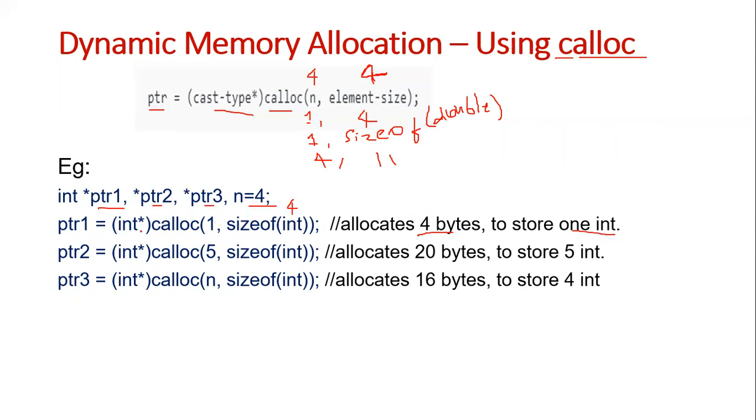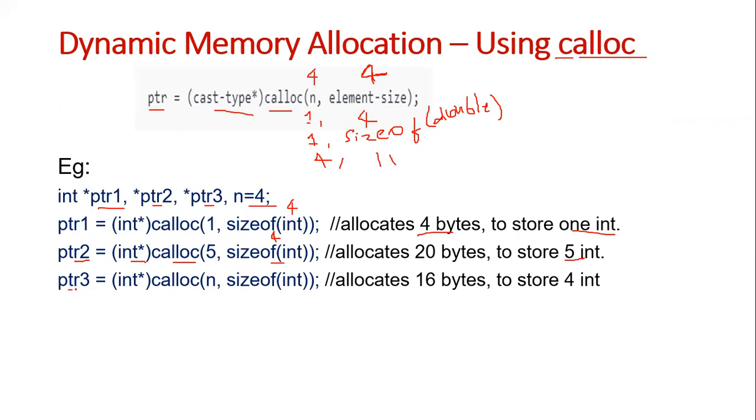If you want to allocate memory for storing 5 integers, then you can give ptr2 equal to (int *) calloc(5, sizeof(int)). Size of int is 4, so 5 units of memory it will allocate. Totally 20 bytes will be allocated, where 5 integers can be stored.